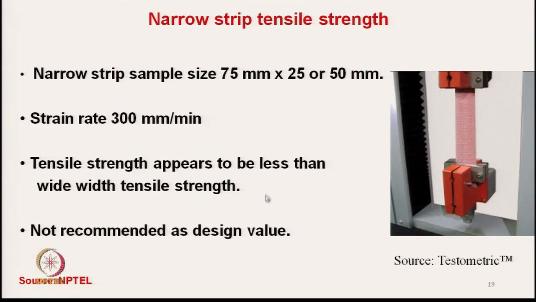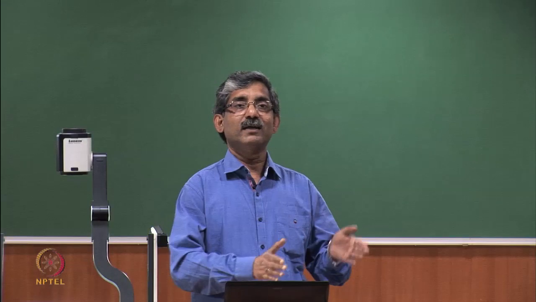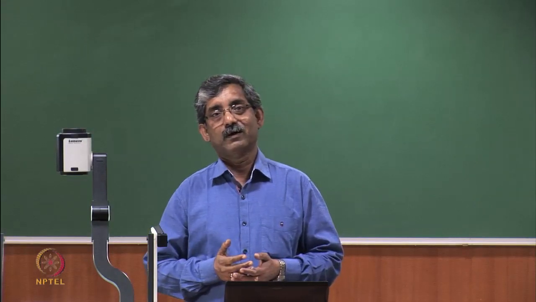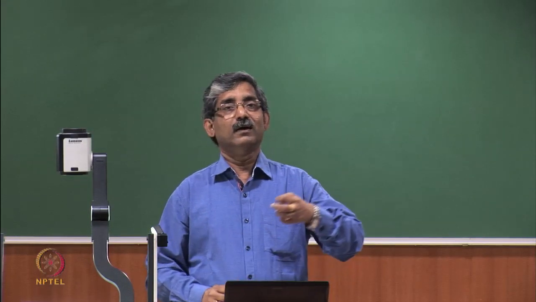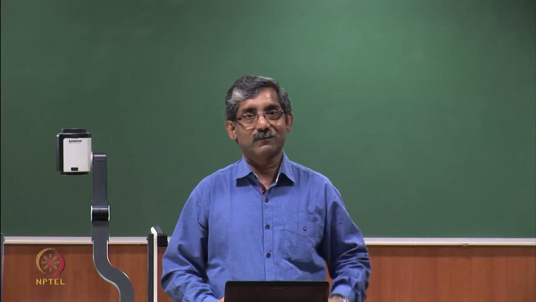And this test is for index testing only, it is not recommended for design value. So, we cannot use the value for designing the geotextiles for use in any project.